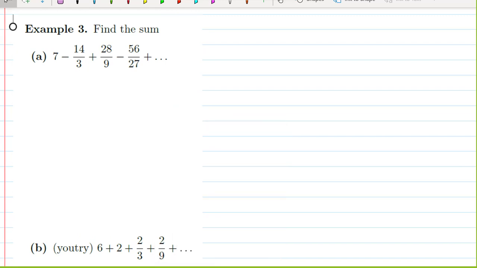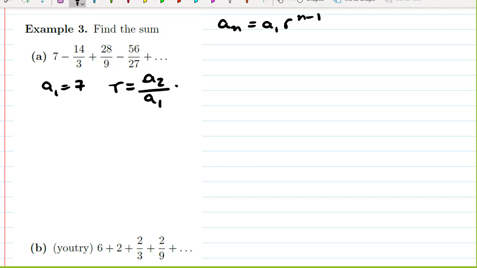So we have 7 minus 14 over 3 plus 28 over 9 minus 56 over 27. So we want this to be geometric, so we have an is equal to a1 times r to the n minus 1. So our first term, our a1, is going to be 7. To find our common ratio r, we divide a2 by a1.